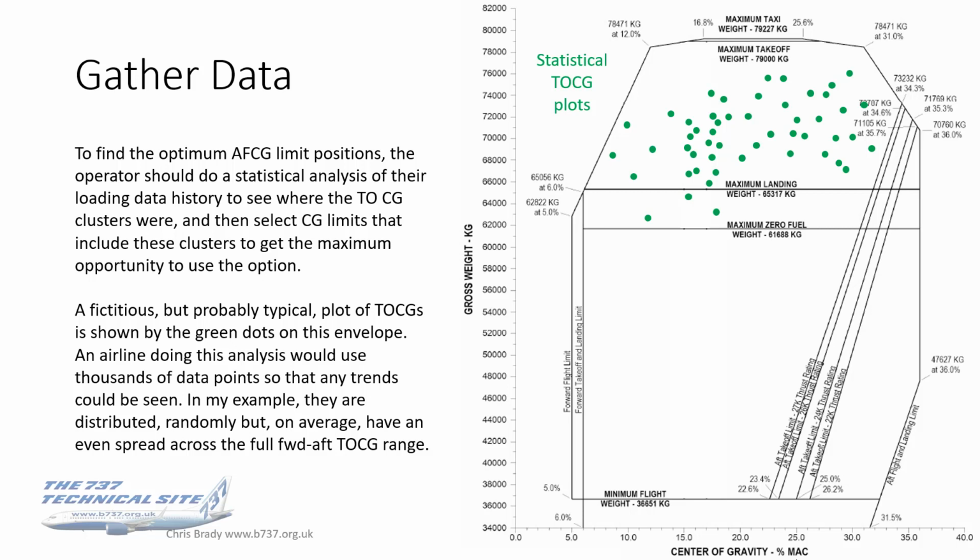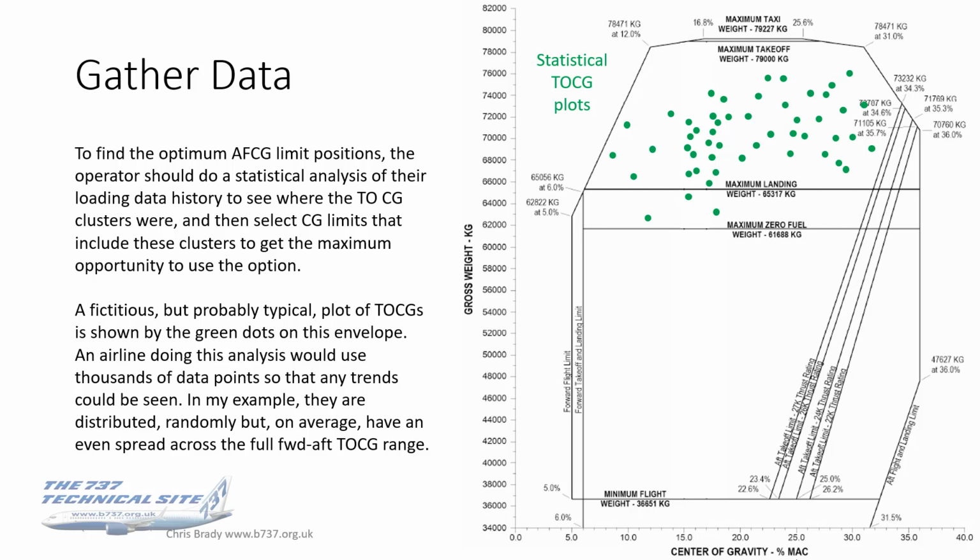So what you get rather than dots, you kind of get a density cloud of where the distribution of takeoff CGs are. Once you've got that, because data is key to this, then you can start to see where you will need to put the limits.